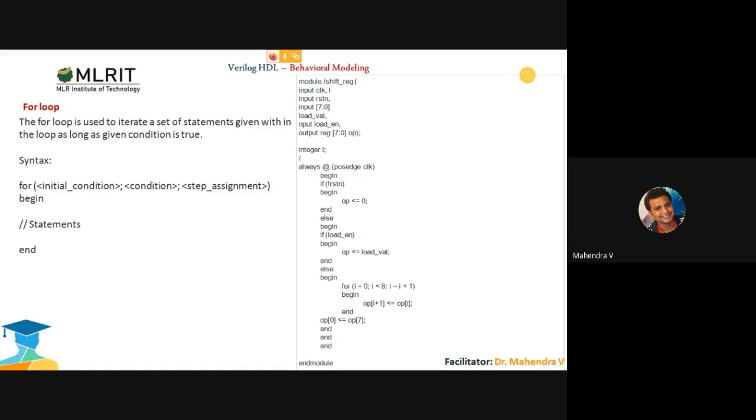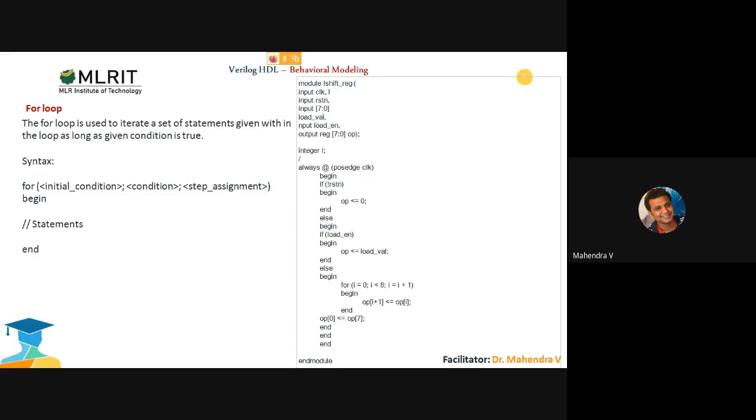You can do it by structural modeling as well as behavioral modeling. You can describe the register by interconnecting D flip-flops. Already you might have studied the concepts of shift registers using D flip-flops. If you know the structure and you apply the concept of structural modeling, then you will get it.